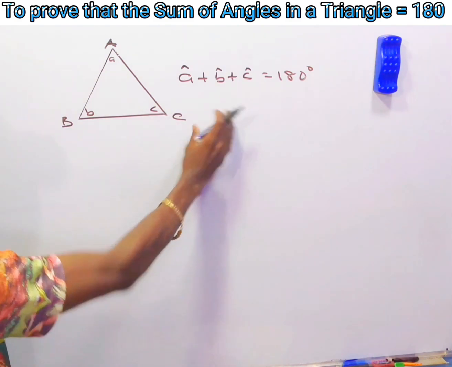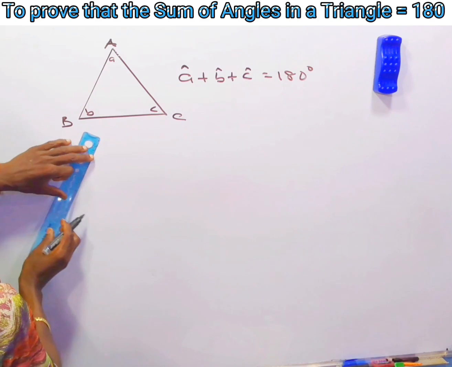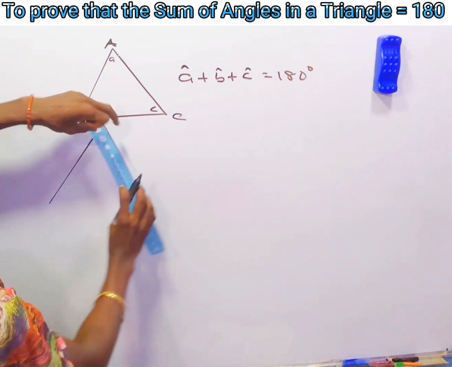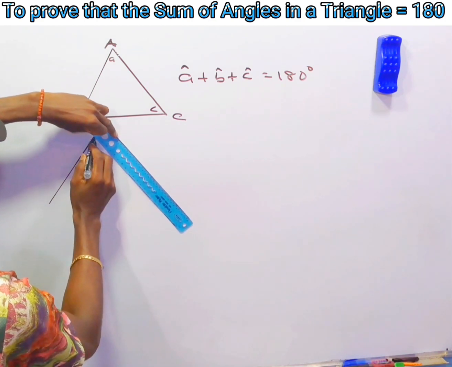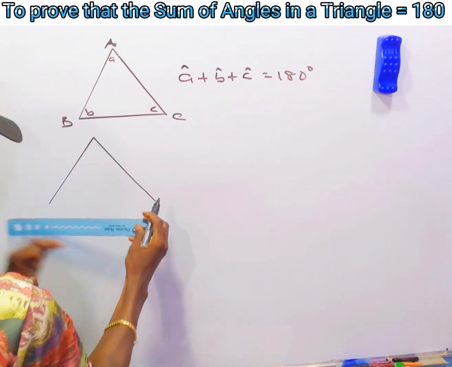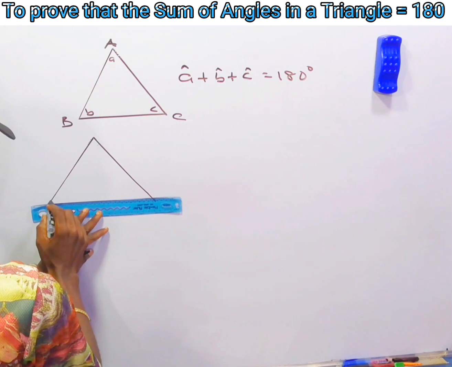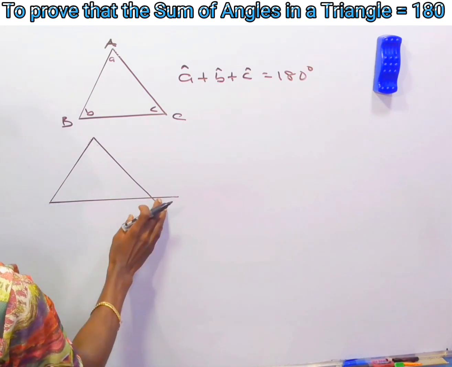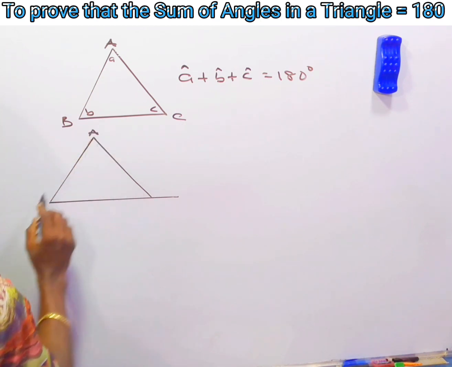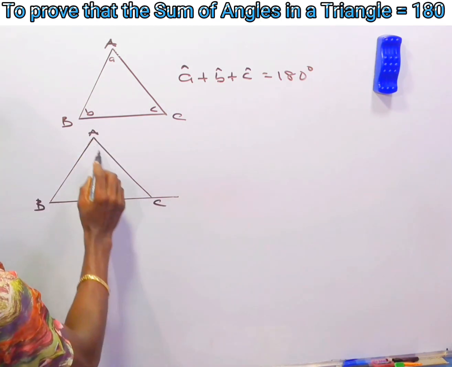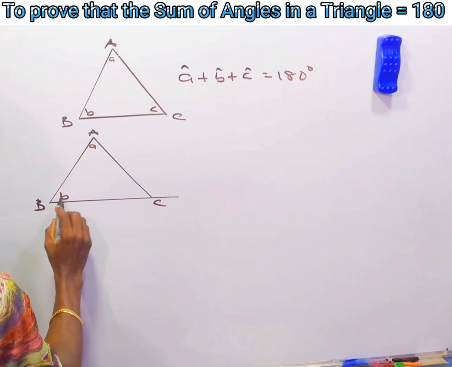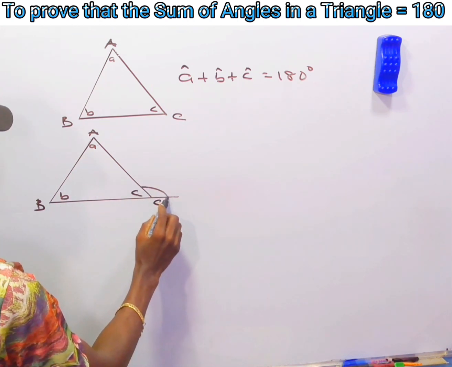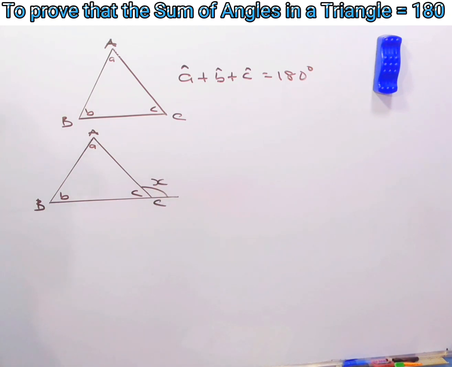Now, to prove this, let's reconstruct the triangle as A, B, C, interior angle A, interior angle B, interior angle C, and exterior angle C, let's call it X.